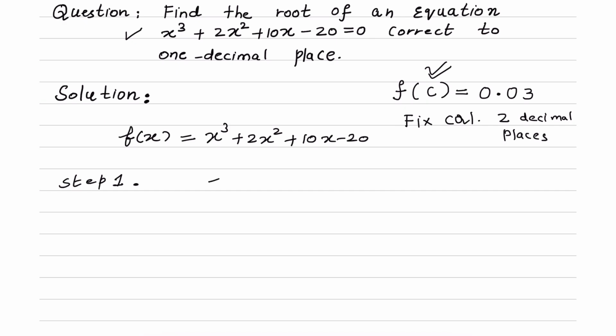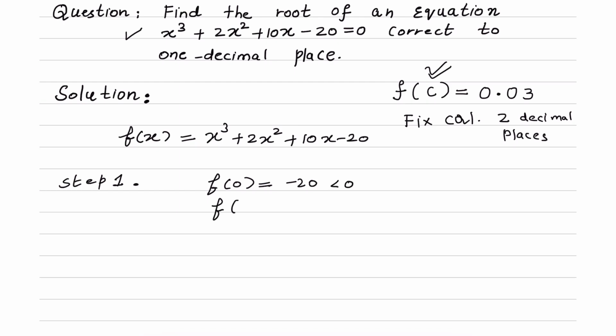To find the interval, we randomly plug numbers in the function. We find f(0): 0 cube plus 2 into 0 whole square plus 10 into 0 minus 20. This gives us minus 20. So we plug 0 in f(x), and we get f(0) as minus 20, which is less than 0.